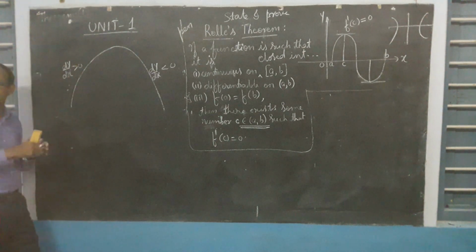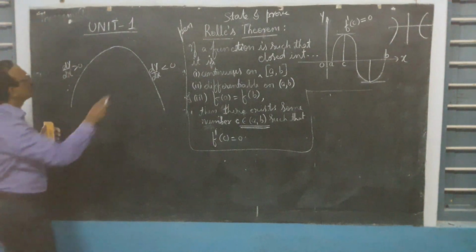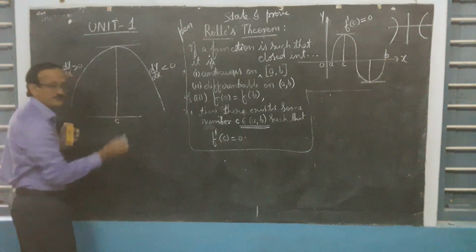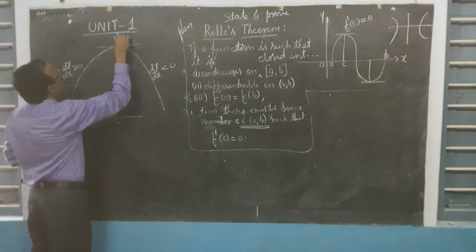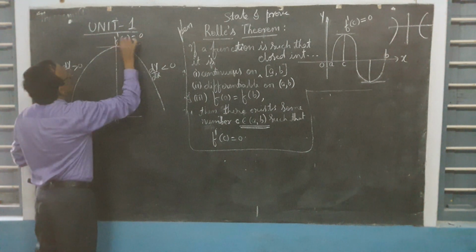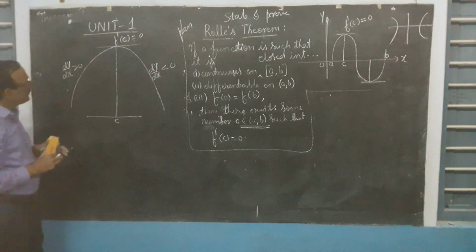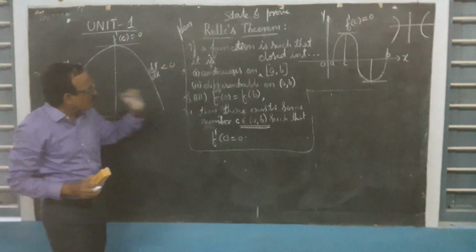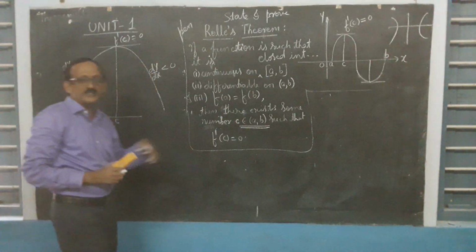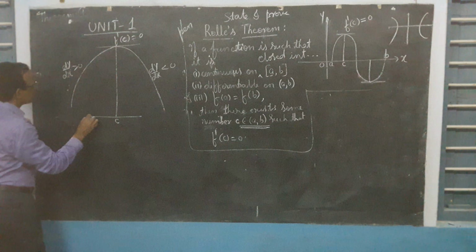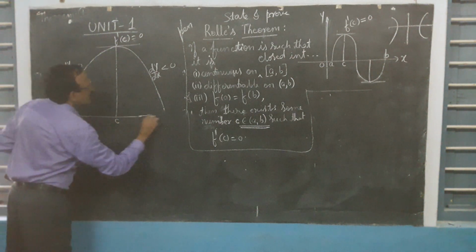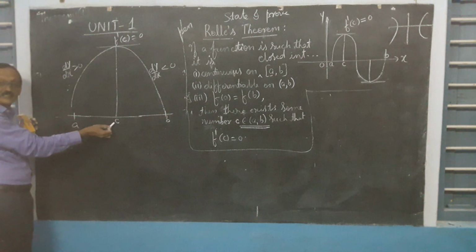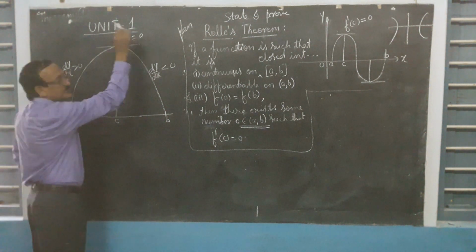At a point C, where the derivative is 0, f dash C is 0. That is Rolle's theorem. You have a point C in the open interval AB, in between A and B, an interior point C at which the derivative value is 0.